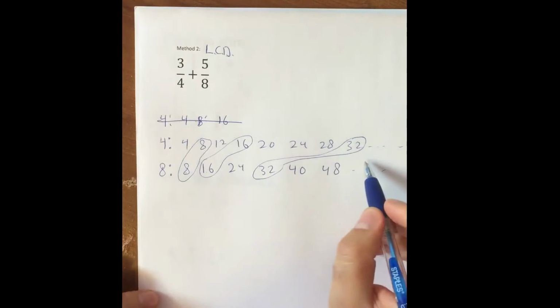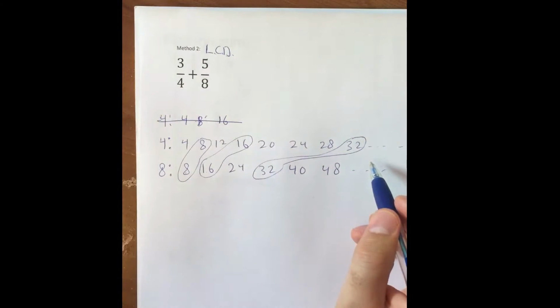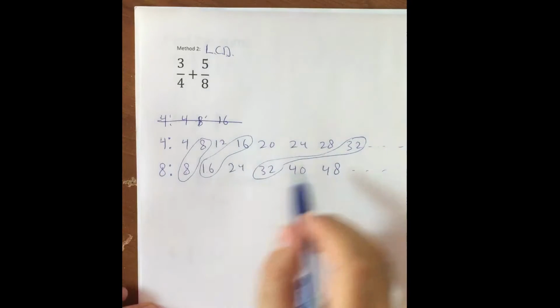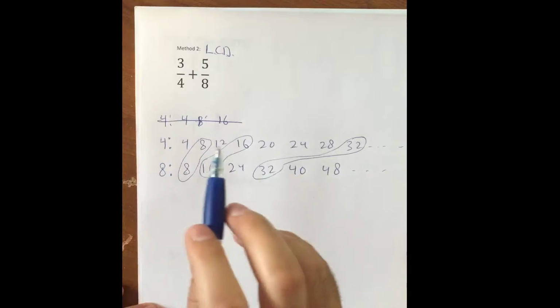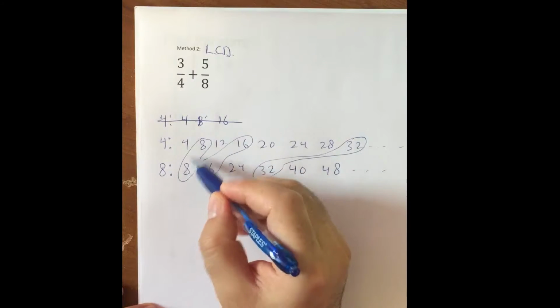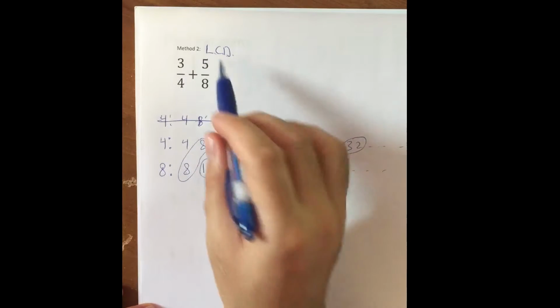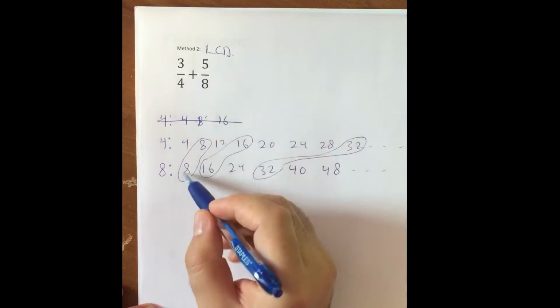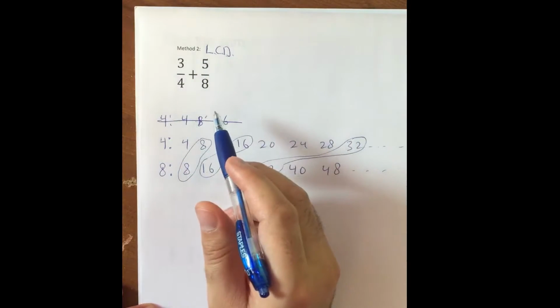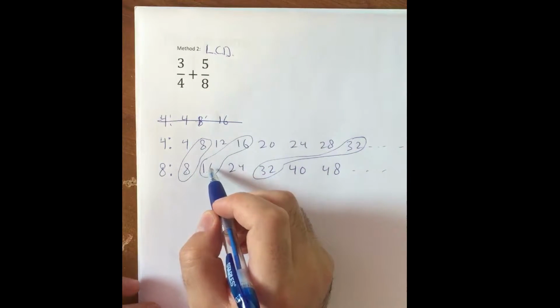So there could be a lot of common numbers, but what you can do is just pick the smallest one. That's why it's called the lowest. You pick the lowest one, and that is your common denominator.